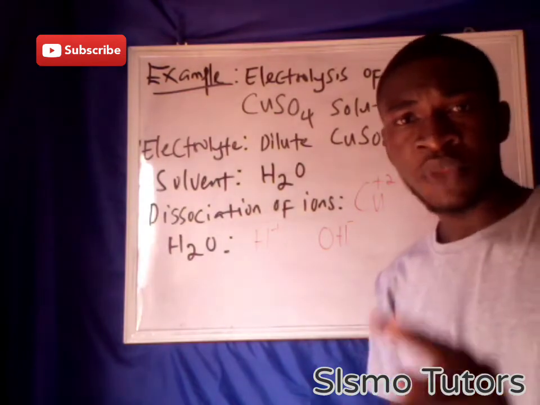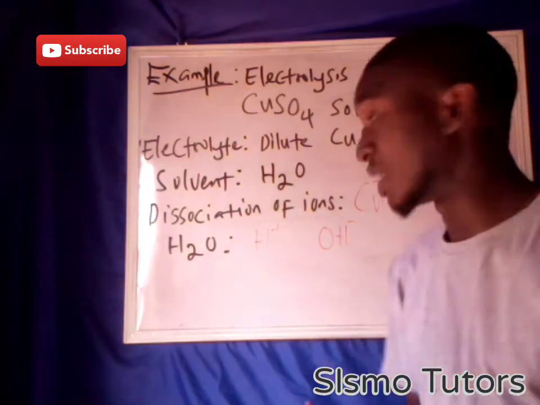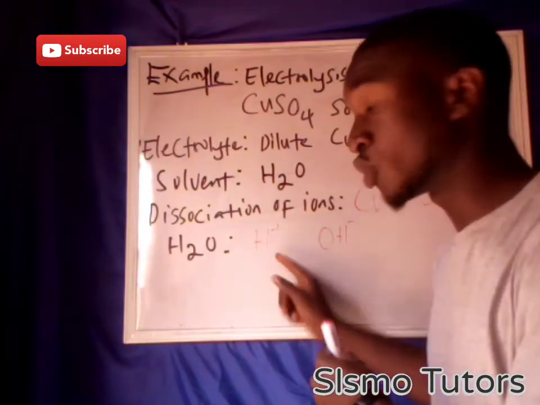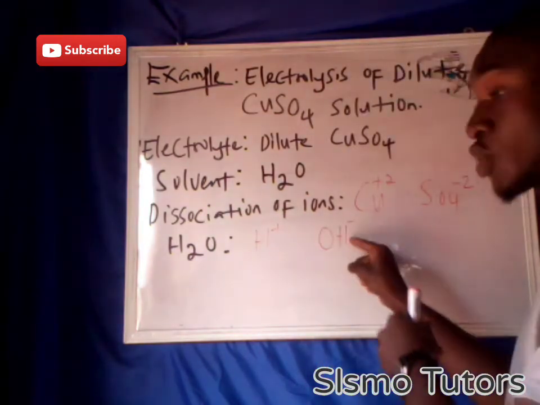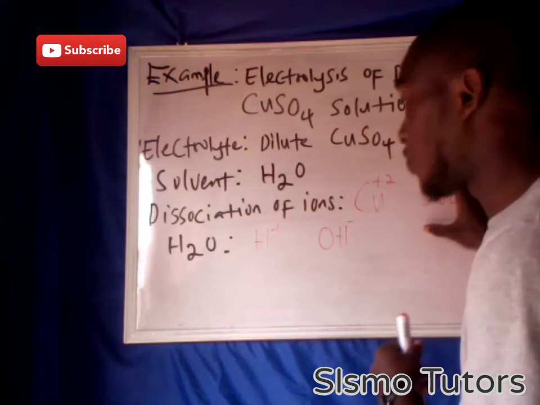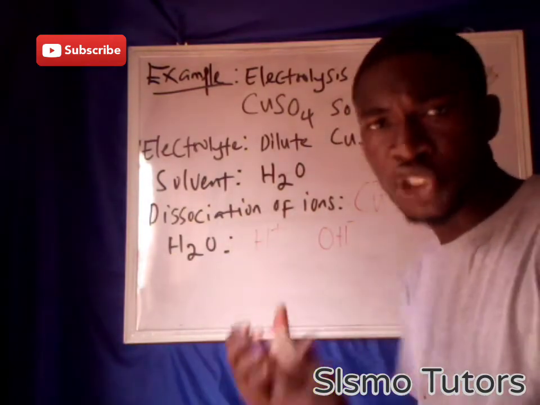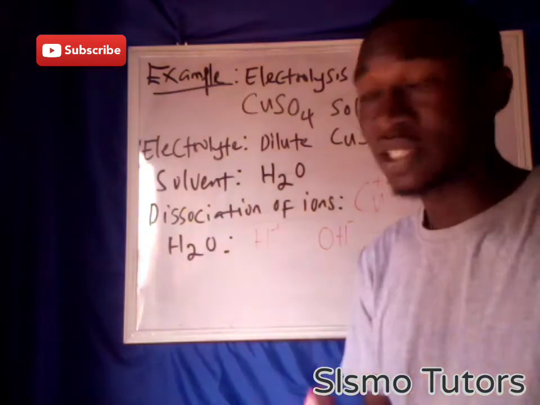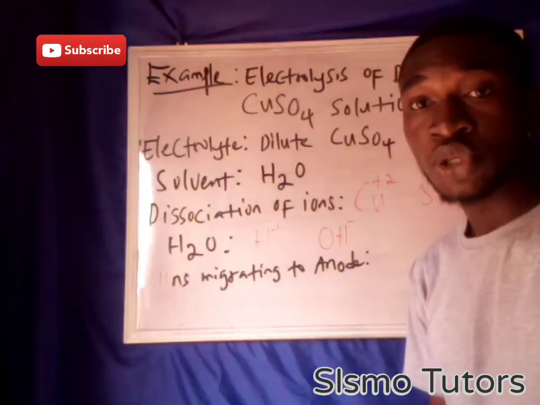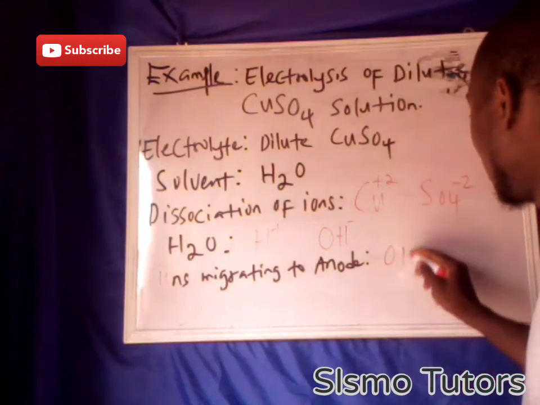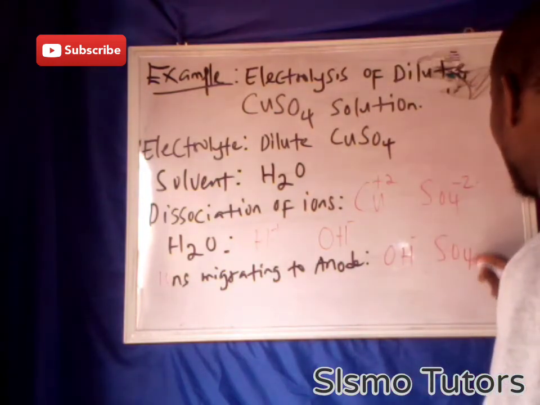So you can see that we have different types of ions here. For the cations, we have two cations here, the copper ion and the hydrogen ion, whilst we have two anions here, the hydroxide ion and the sulfate ion. At this point, there will be competition among these ions for the one that will be discharged. Let's consider the anode: it is the negatively charged ions, which are the hydroxide ion and the sulfate ion.